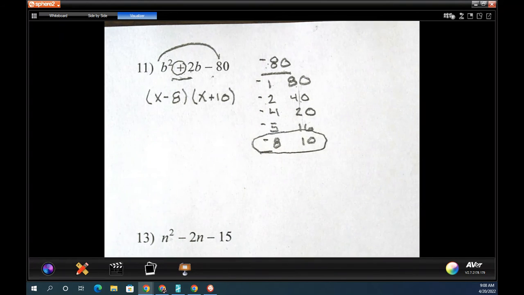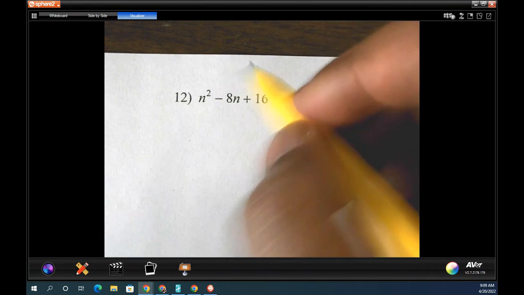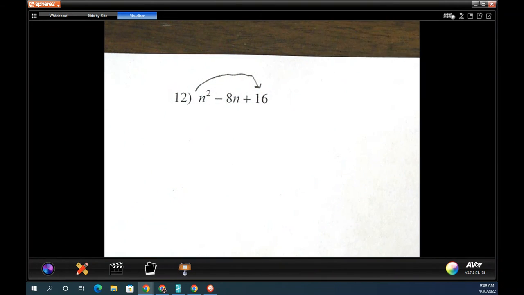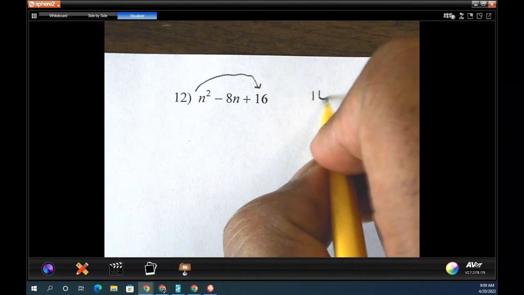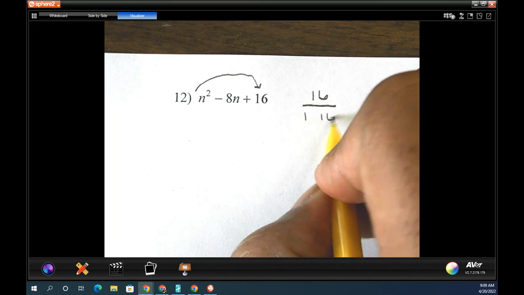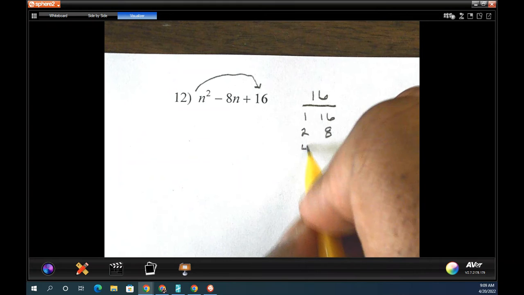That's it. Let's look at number 12. We've done 16 today. This is 1 times 16, which is 16. So the factors start with 1 in the number, 1 and 16, 2 and 8, and 4 and 4.